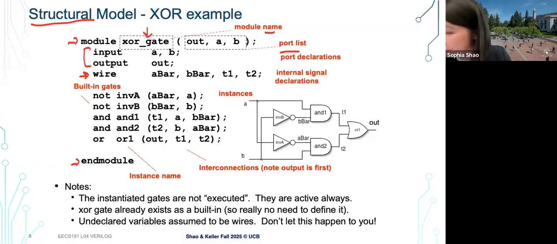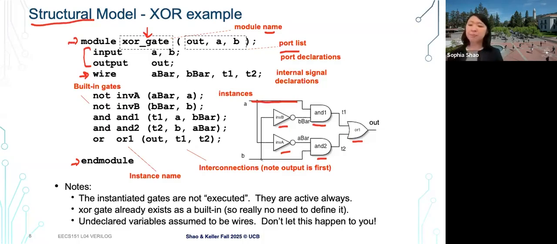I will not go through it here, but if you go through the truth table and look at the logic, this is one way of building the XOR gate using a combination of AND gates, OR gates, and also inverters. By connecting all the different gates together, you can build an XOR gate.